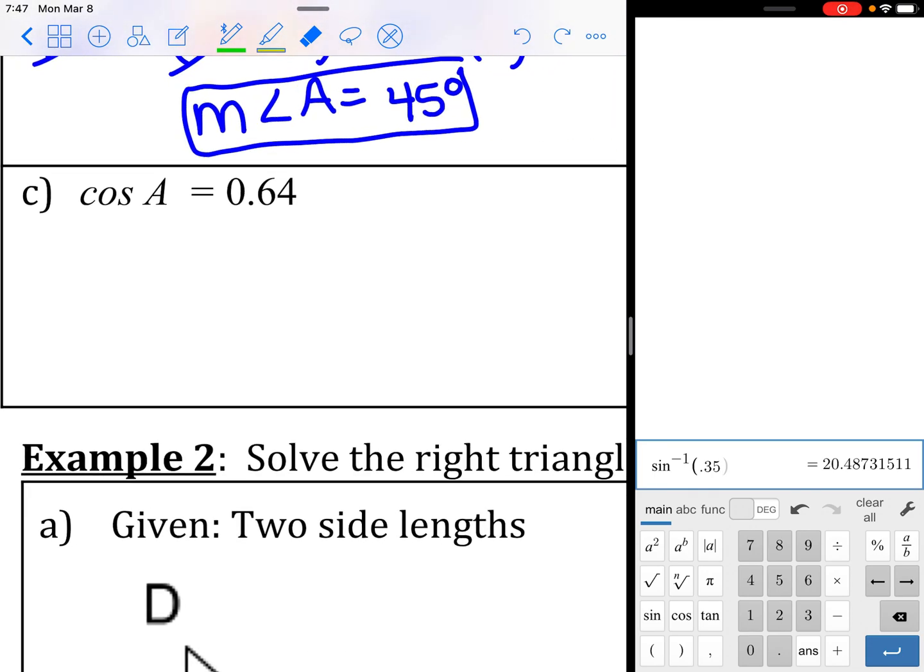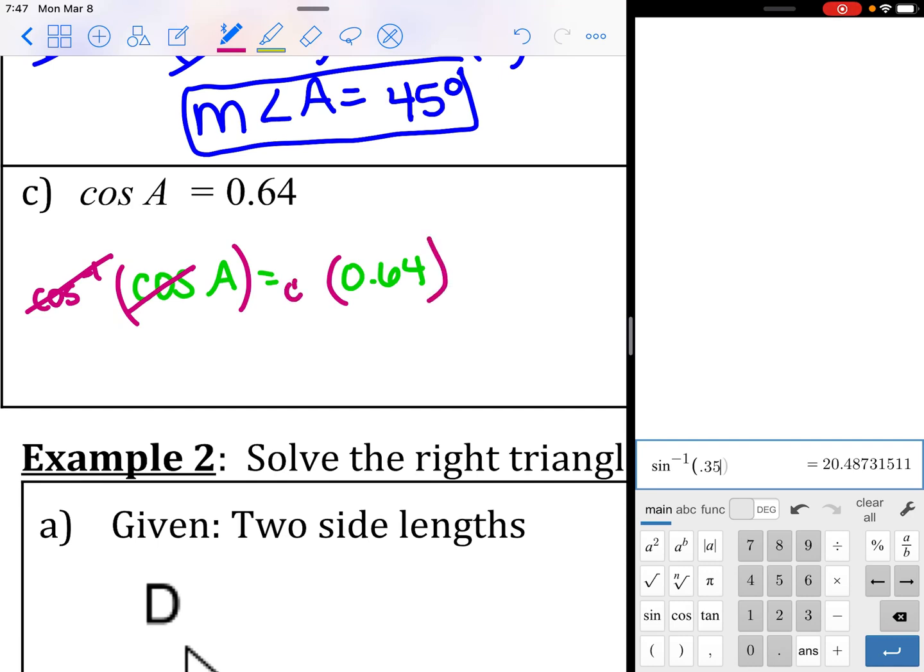All right, so looking at our next one, this one is starting with the cosine of angle A. So the cosine of angle A is equal to 0.64. So to cancel out that cosine, I need to use its inverse. So the cosine inverse will cancel that out, but if I do it to one side, I have to do it to both. So I'm going to use the inverse cosine.